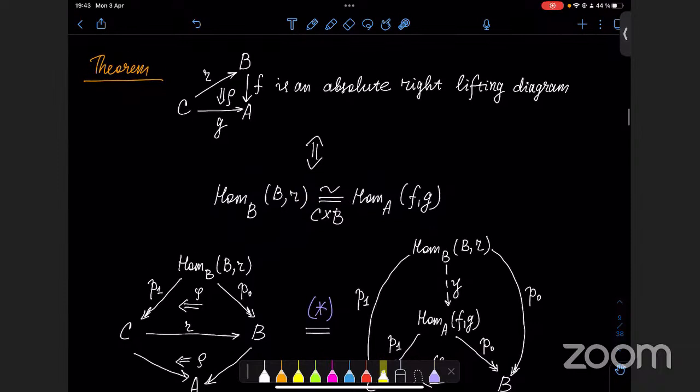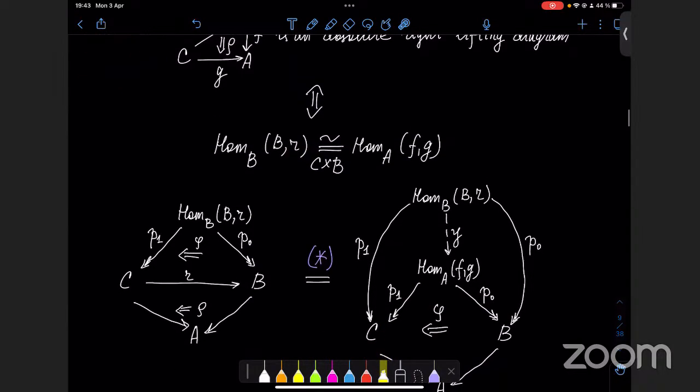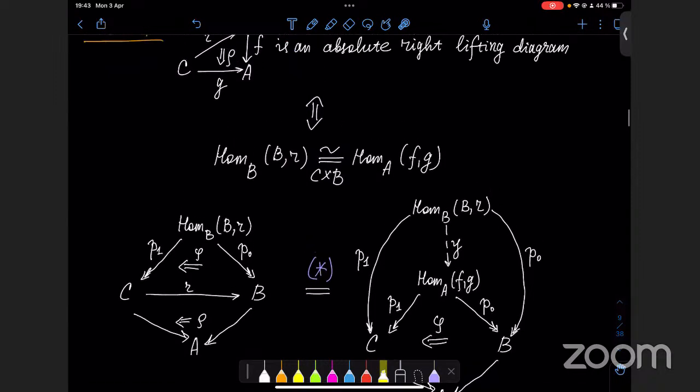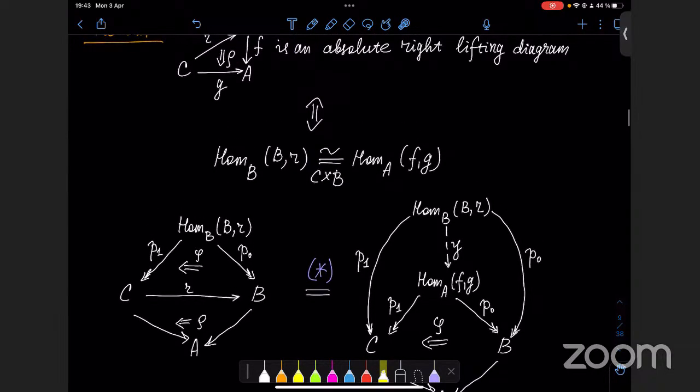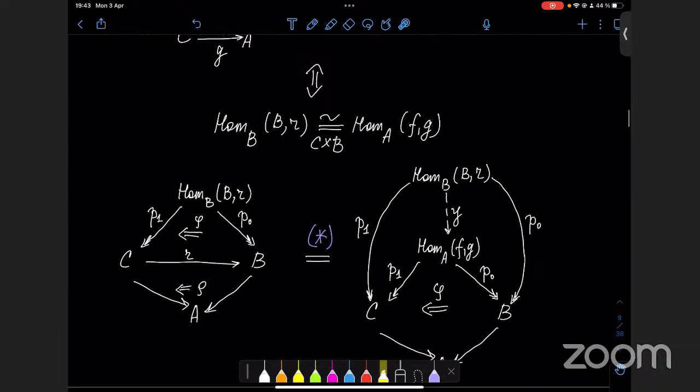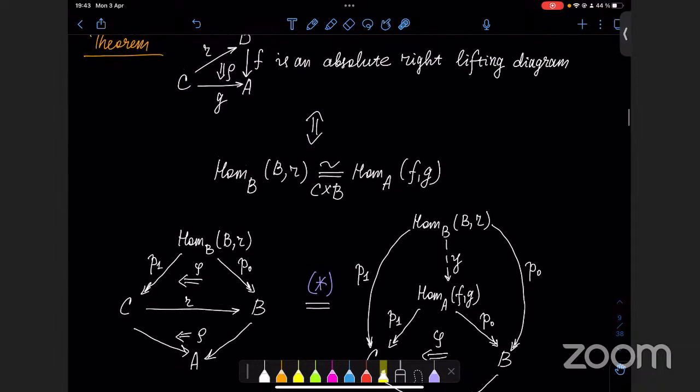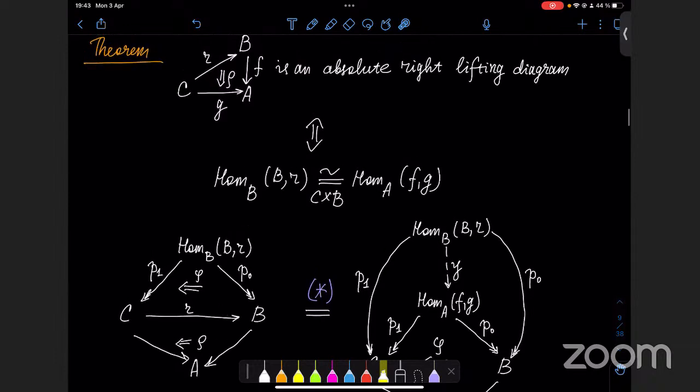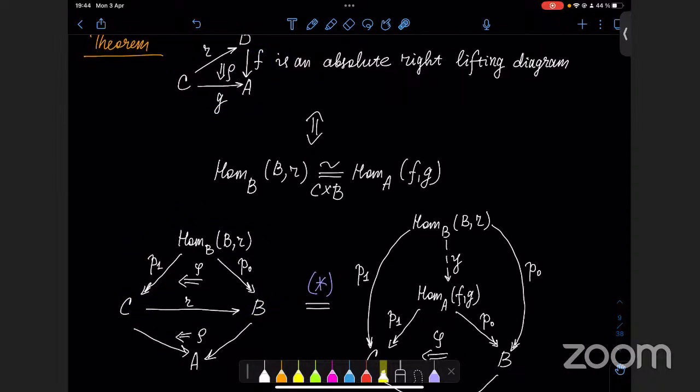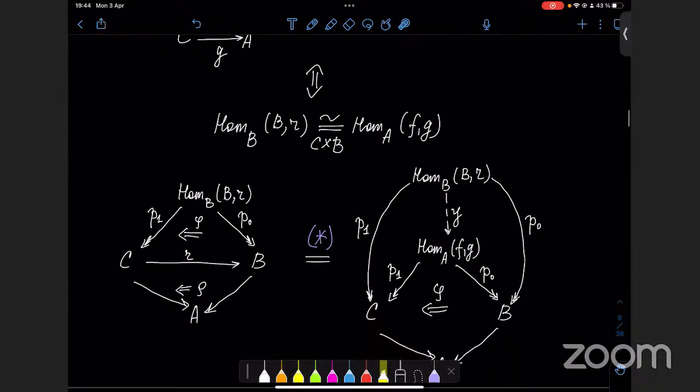So it means that you have the following factorization. Take this diagram and consider the comma object with the natural two-cell phi, and this pasting diagram can be factorized in the following way.